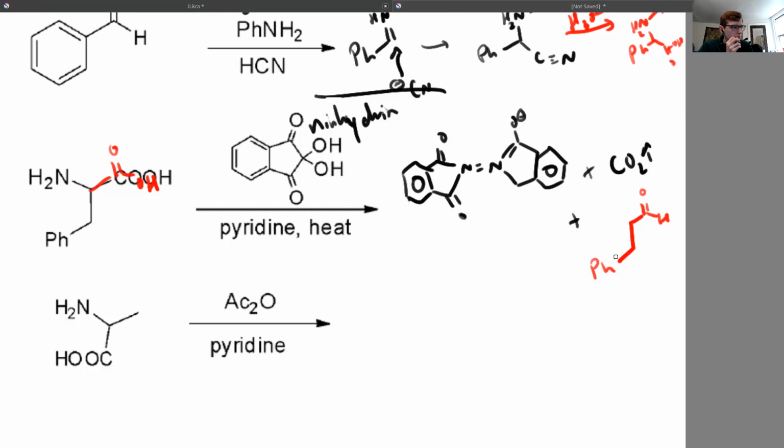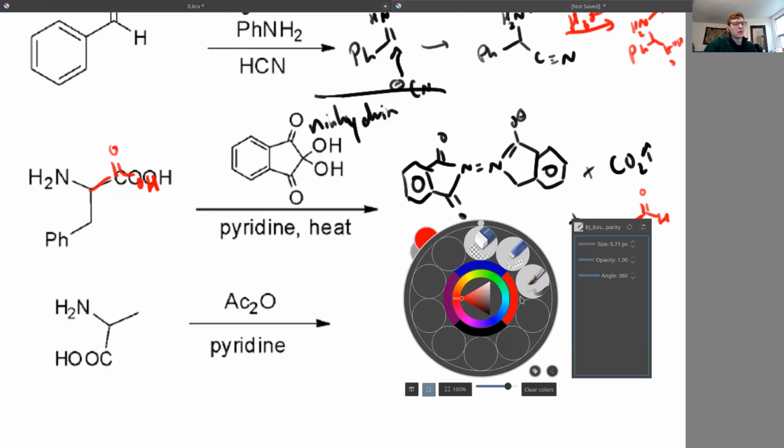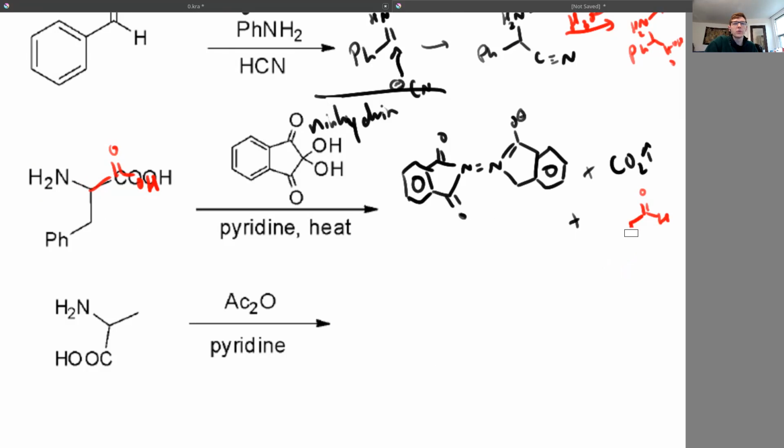Oh, did I add a carbon? No, that's it. Oh, no, so we did add a carbon. So it's the R group directly on there. So this carbon actually goes away. So you lose this carbon here. Oh, wow. Okay. Yes, so there was an extra carbon there.